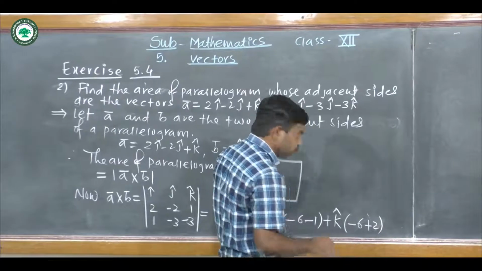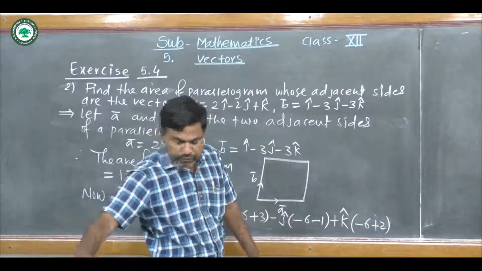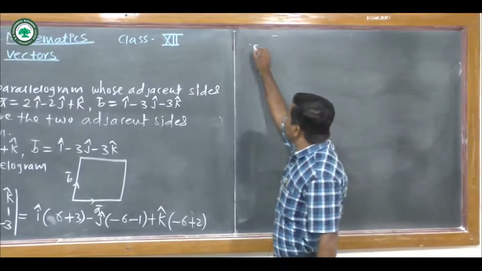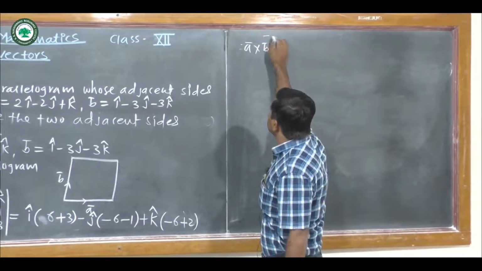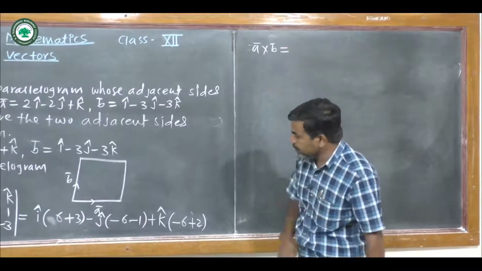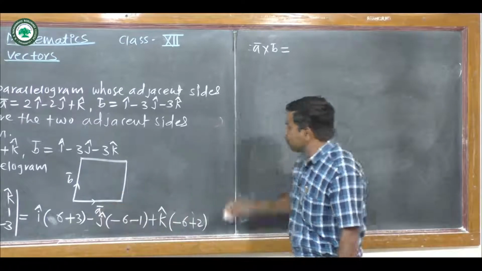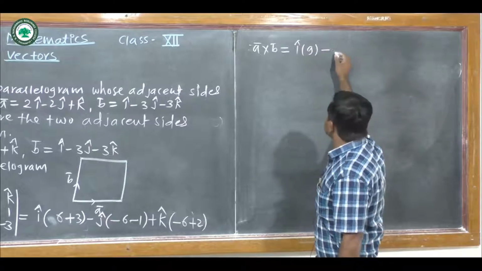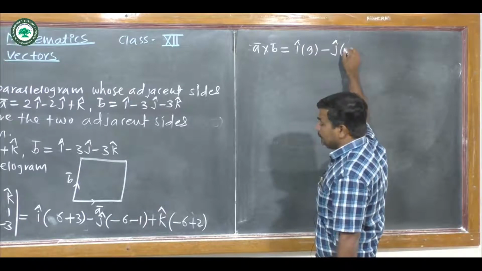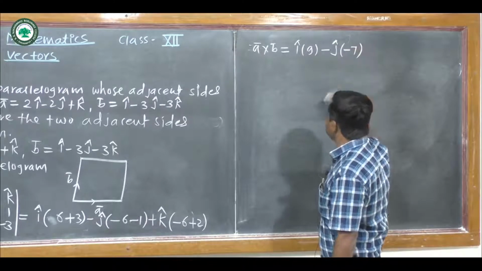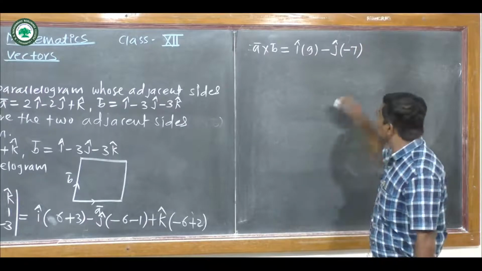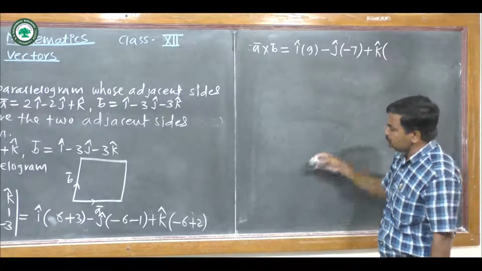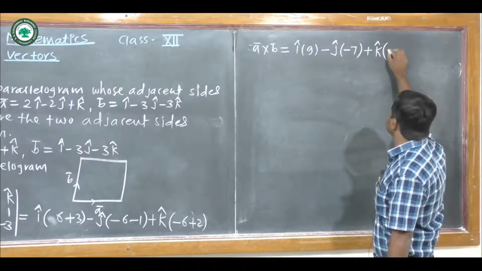So therefore a bar cross b bar is equal to, see, i cap into 6 plus 3, 9, that is i cap into 9, minus j cap into in bracket minus 6 minus 1, minus 7, plus k cap in bracket minus 6 plus 2, minus 4.